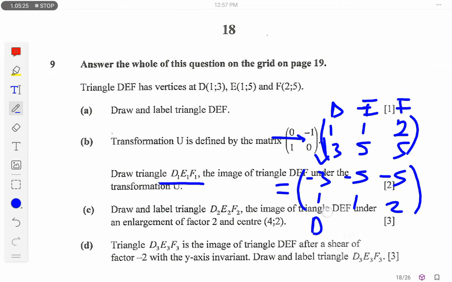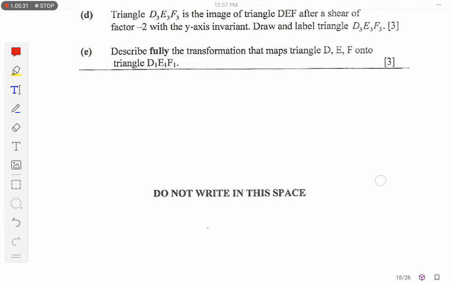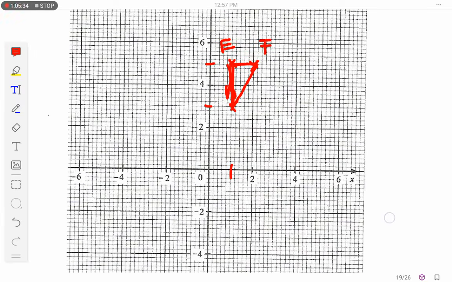So this is the image that we are looking for. This is your D1, E1, F1. Let's draw that diagram. Our D is now minus 3, 1, so it's here. That's our D1.